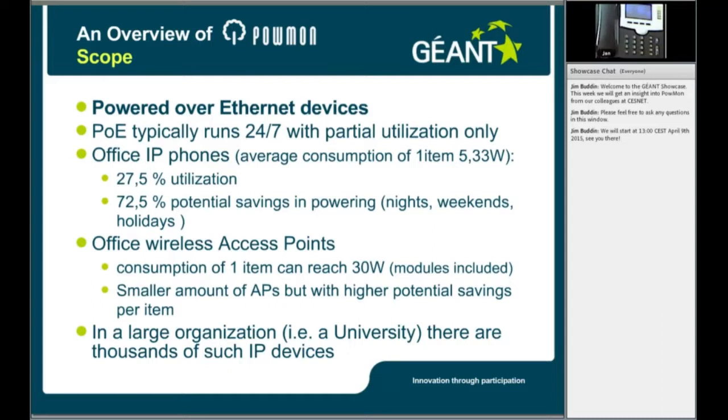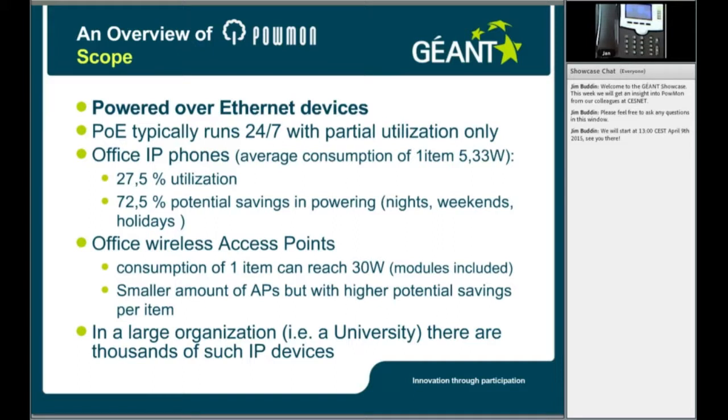We were thinking, how long are these periods when these IP devices are not utilized? And why are they powered then? We counted that the average utilization of a typical IP office telephone is only 27.5%, so the space for savings is very large.